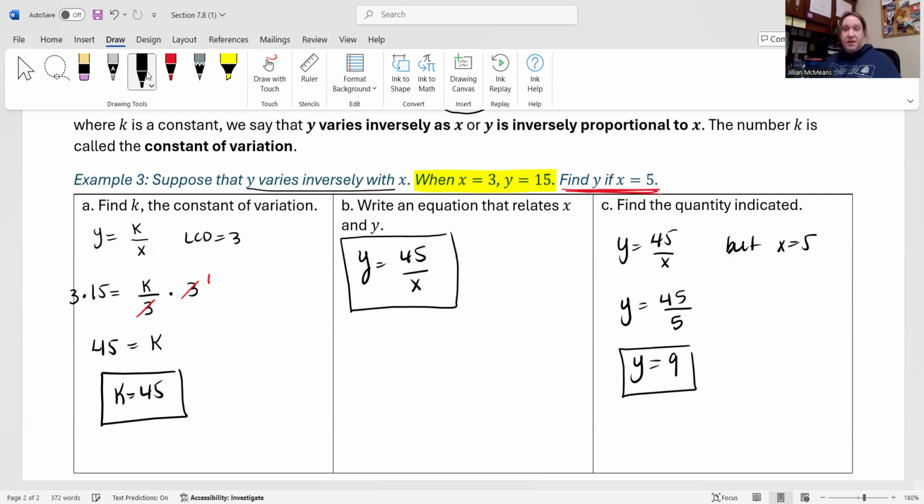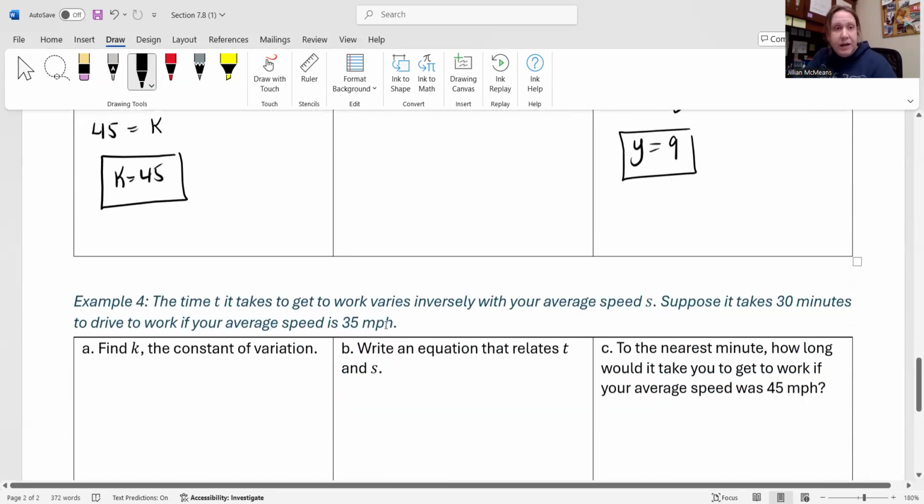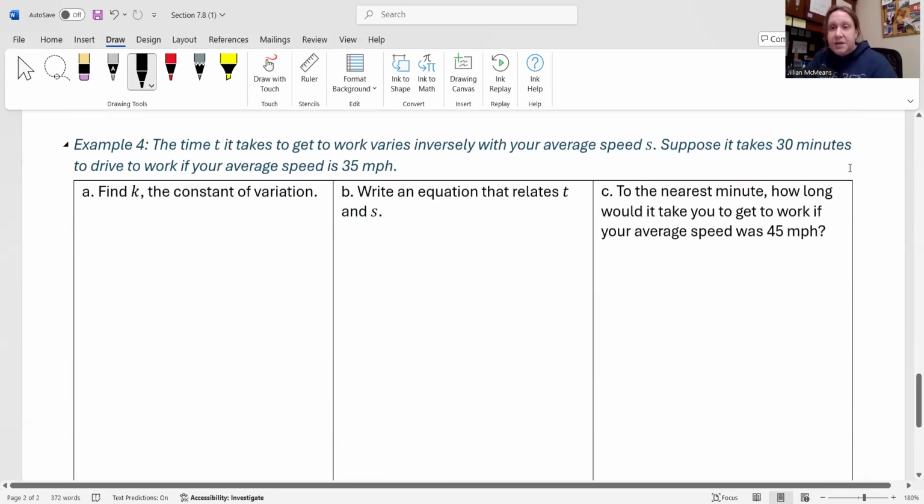So those just basic problems like this are pretty easy to solve. You just need to be very careful. Are you dealing with direct or inverse variation? You've got to remember those two formulas. First step, you have to find k, rewrite the equation or the formula, plugging in a value for k, and then you can use that to solve a number of different questions or find a number of different variables or indicated values.